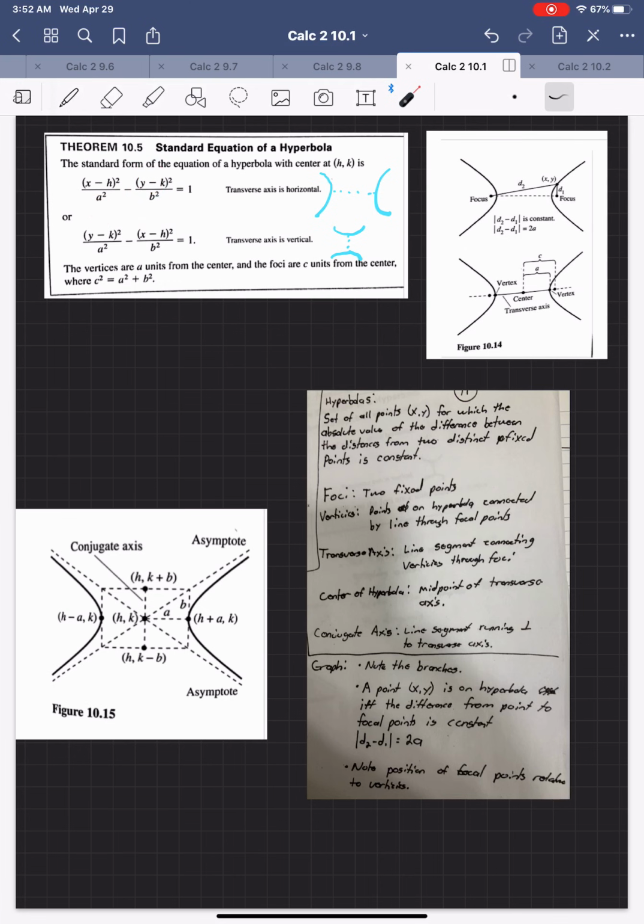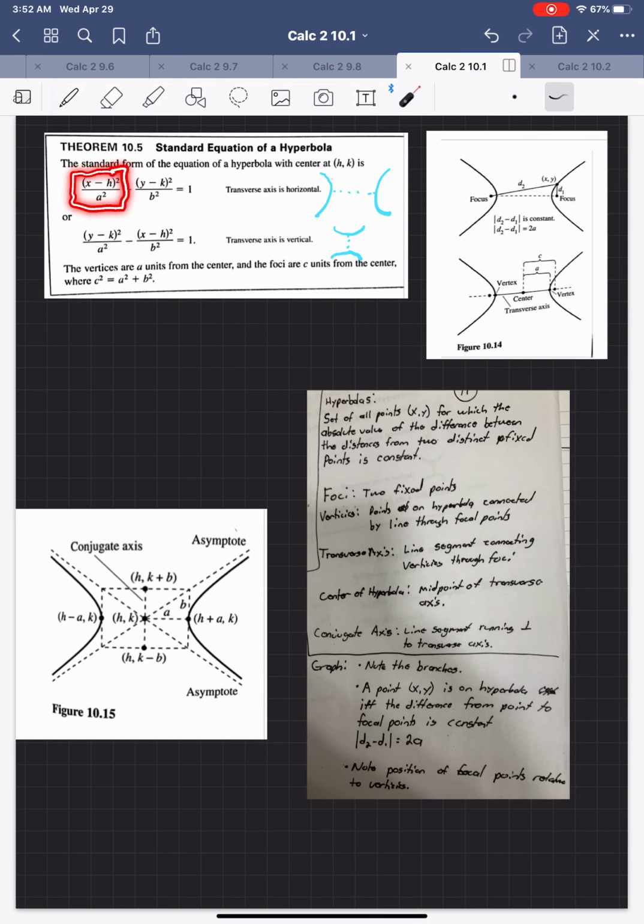It's not quite the same when you're dealing with hyperbolas. You don't get to really ask the same question. Let me put it this way: which one is the positive?